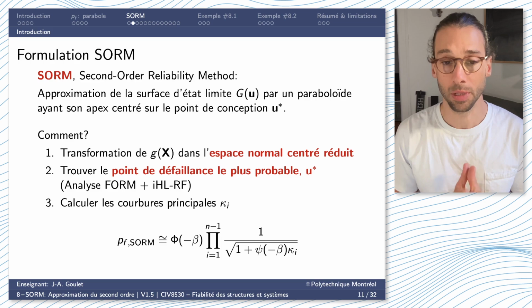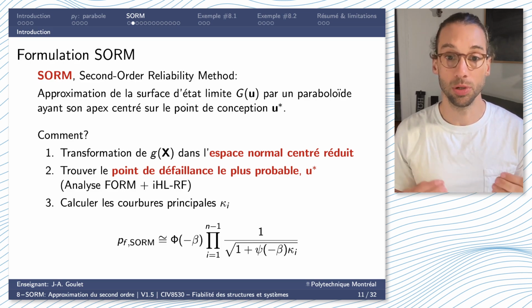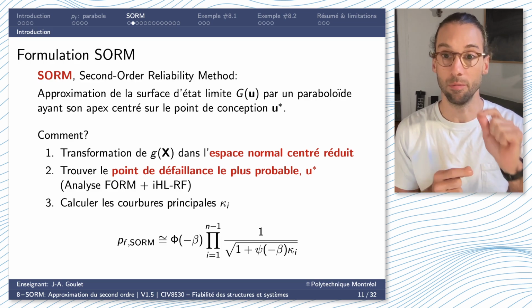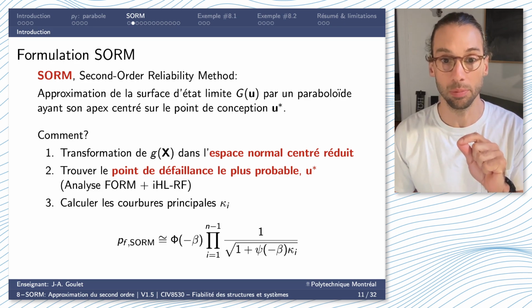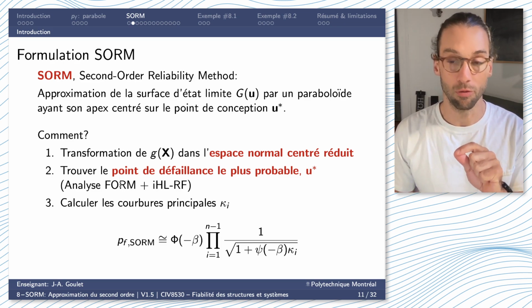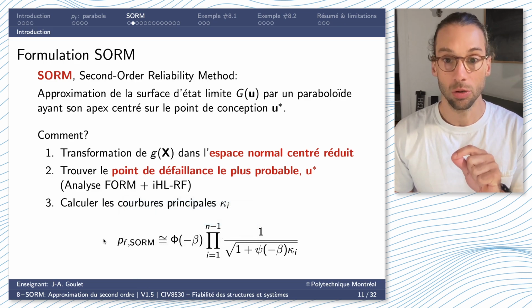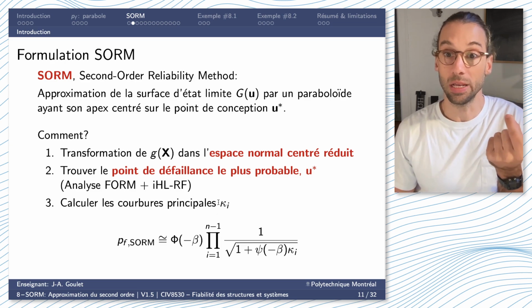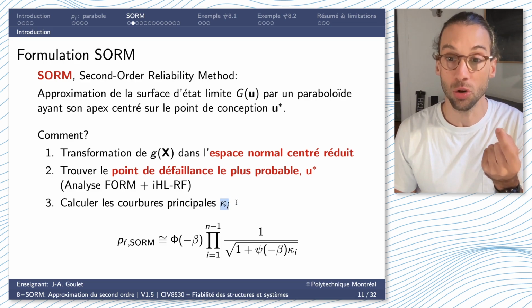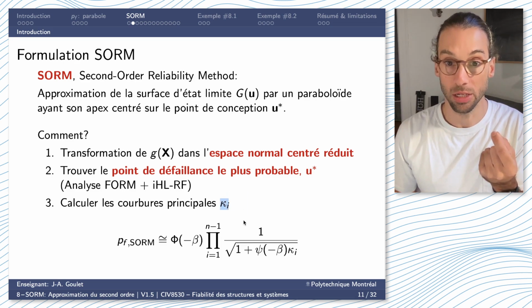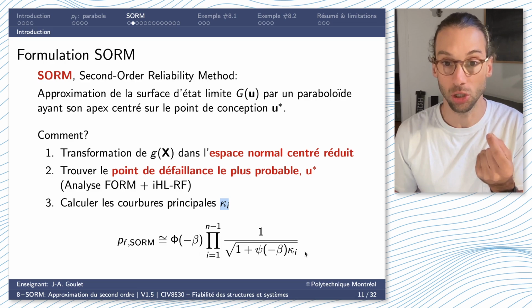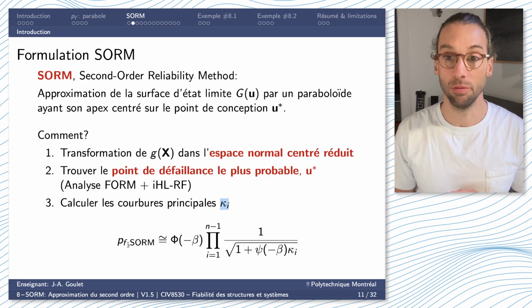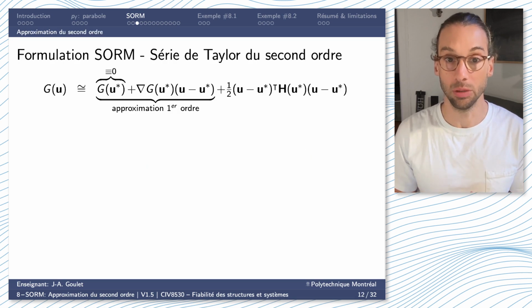Once we have this, we're going to find simply the principal curvature, because beta is already going to be obtained from the FORM analysis. Once we have beta, the only thing we need to extend it to make a SORM analysis is the curvature with respect to this dimension. So once we have beta and the curvature, we have everything we need to evaluate that failure probability with SORM.